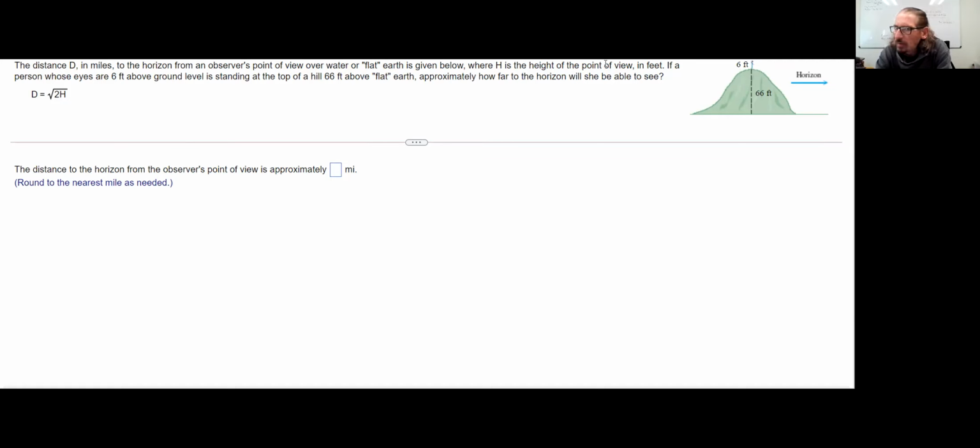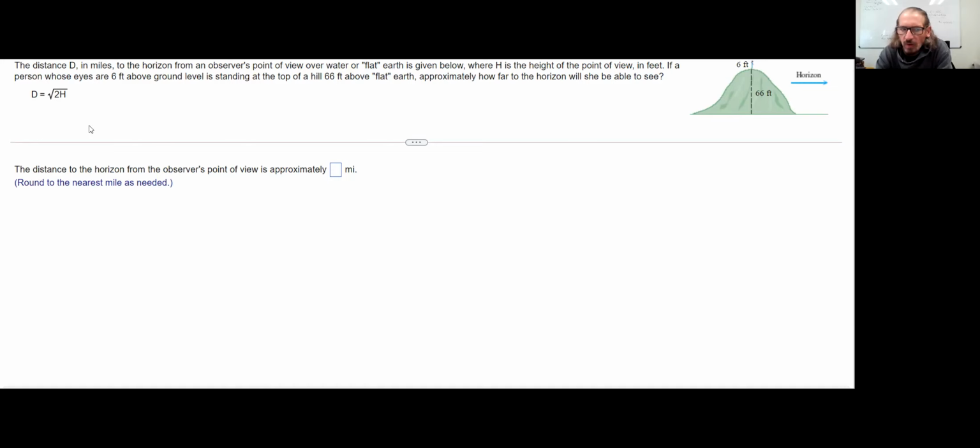And let's see here. The person is on a hill that is 66 feet high, but also that person is tall enough where their feet are 6 feet above that.